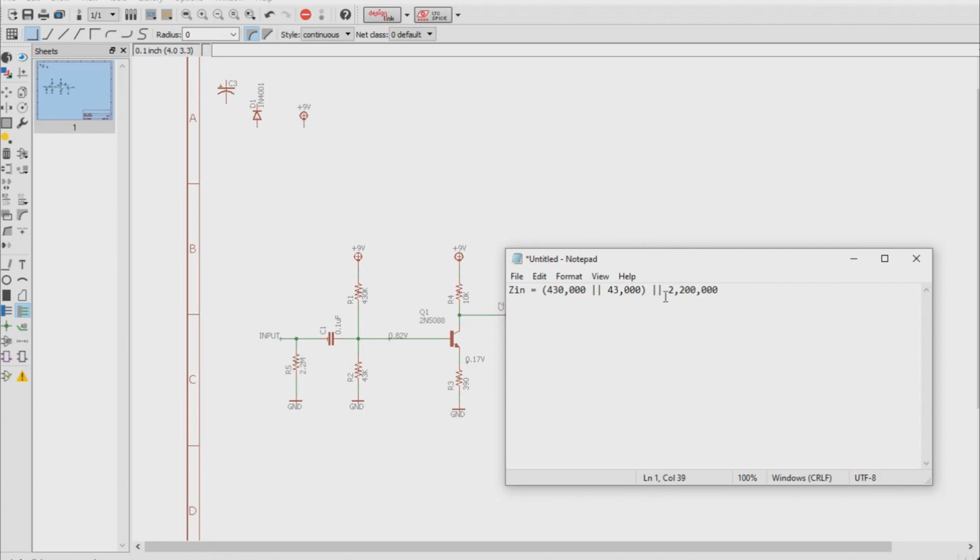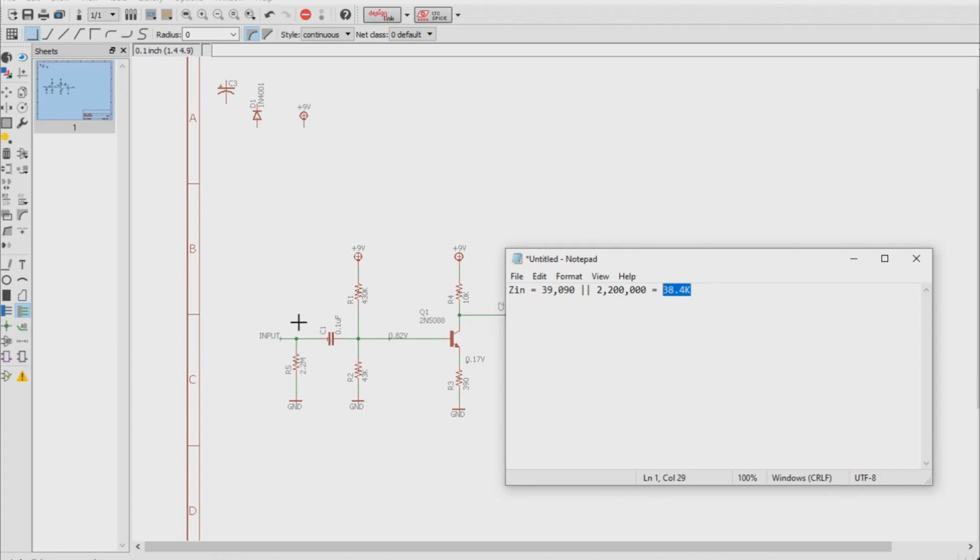And that breaks down to basically 39090, and that is equal to roughly 38.4K. So that's the input impedance of this circuit if this was the beginning of the whole circuit, which is not all that great.